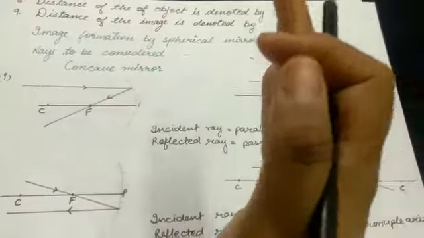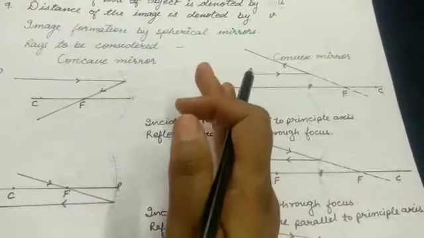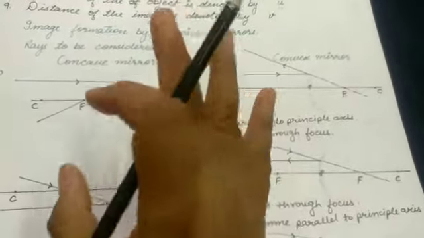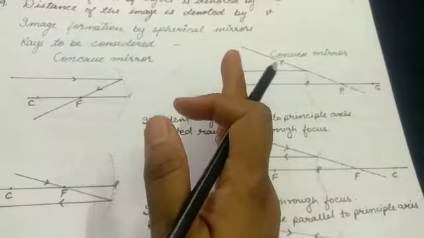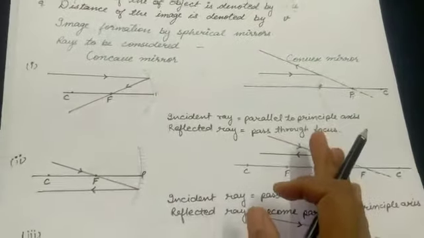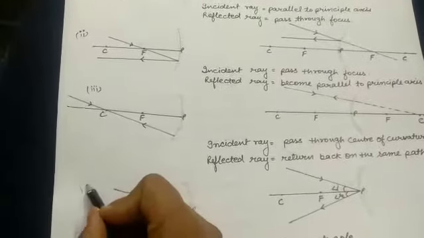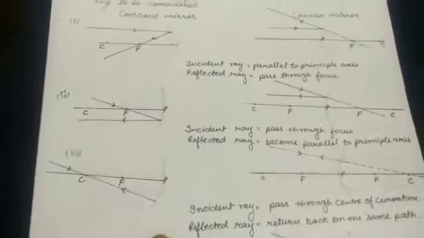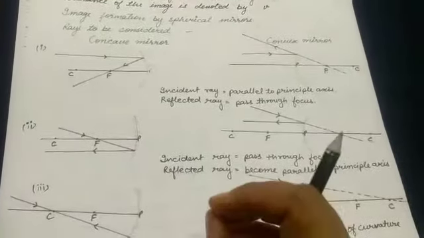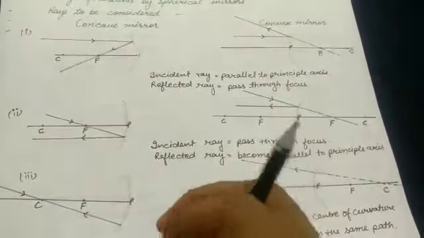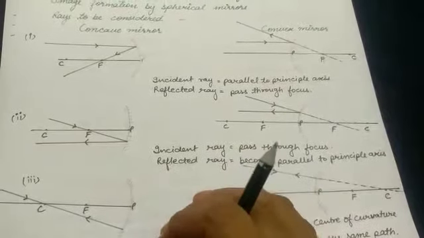But to understand it better, we consider two or three light rays by which we show the formation of the image. So here I am showing you four light rays, how they reflect after striking the mirror, and then we will use any two of them to show the image formation.